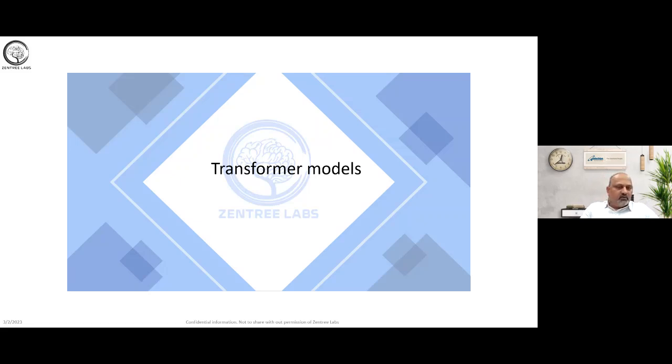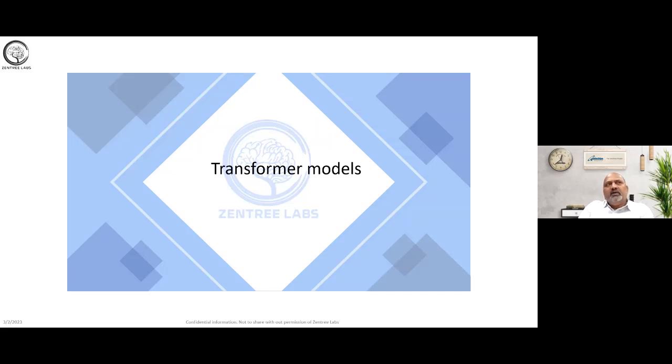Today I would like to introduce transformer models, which are a basic building block element to build modern conversational systems, especially what you are seeing with ChatGPT and most of the recent stuff.